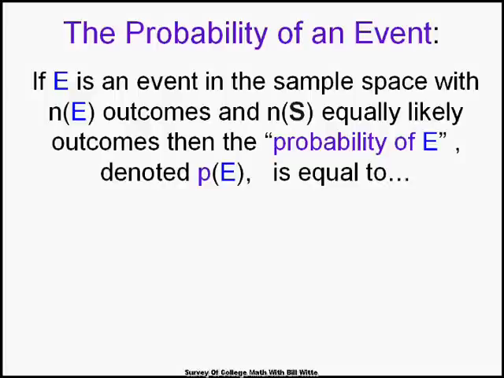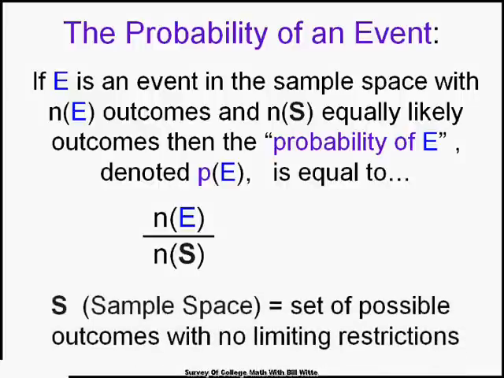Then we define the probability of event E, denoted P of E, is equal to the quotient, the number of ways that E can occur over the number of members in the sample space. Now, this sample space is the set of all possible things that can happen at all, with no limiting restrictions. Typically, E is going to have some limiting restriction. Okay?